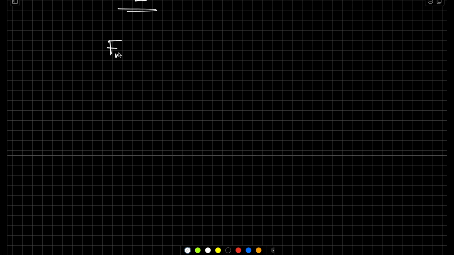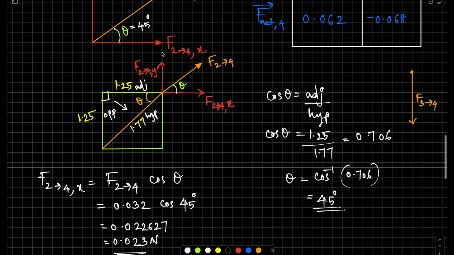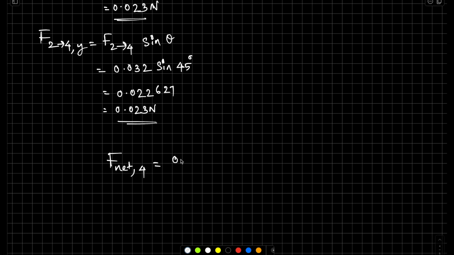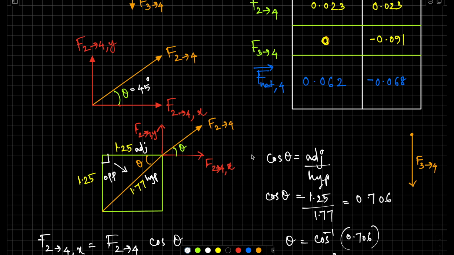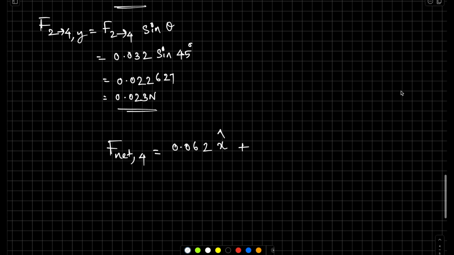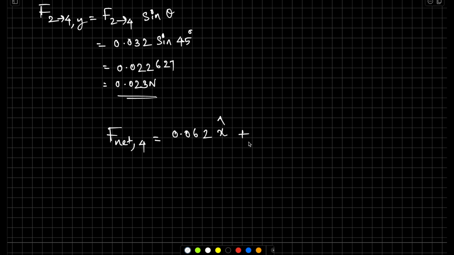The net force on Q4 is equal to 0.062 x cap, that's the x component, multiplied with the unit vector on the x-axis. Plus, this is minus 0.068 y cap, the y component, multiplied with the unit vector on the y-axis. So that's our force vector.